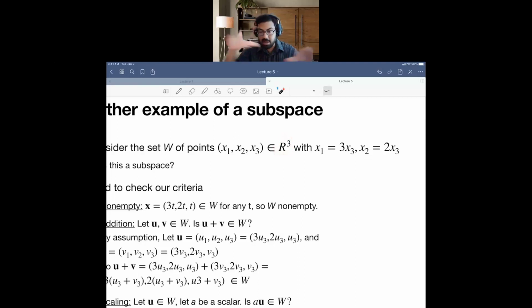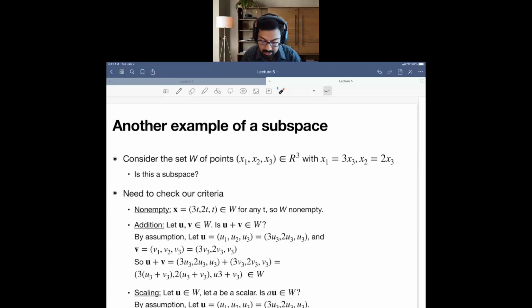Within that vector space, I have a subspace. That subspace has a constraint: the first component has to be 3 times the last component, and the second component has to be 2 times the last component. So it's going to give me a subspace within that R cubed vector space.